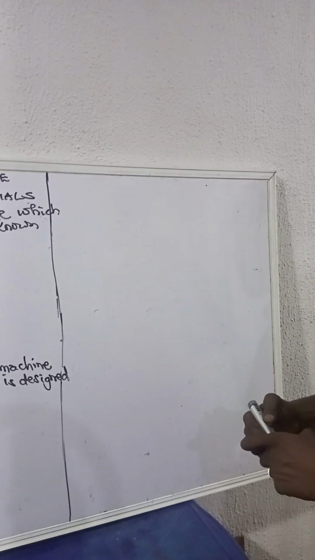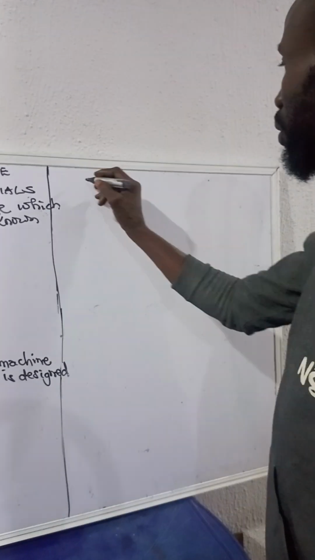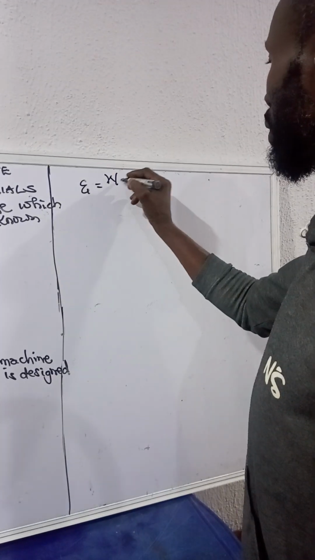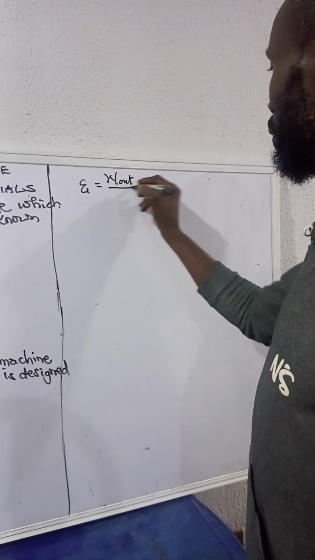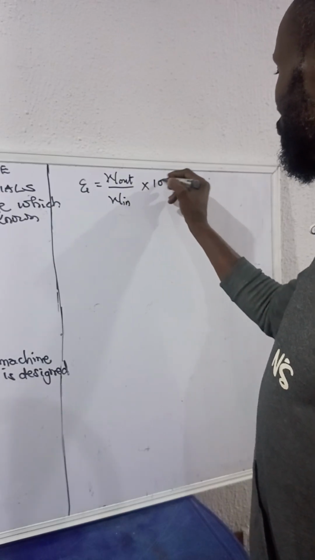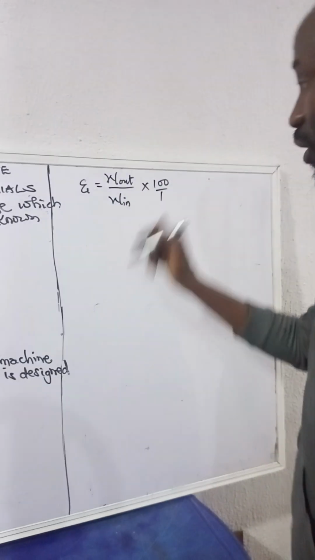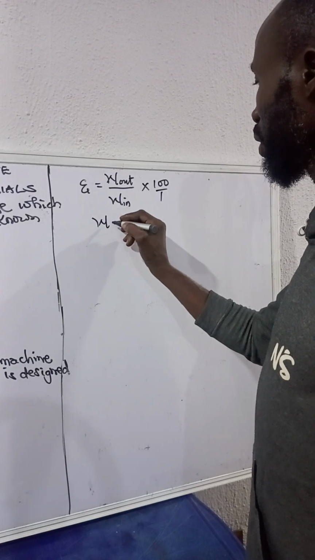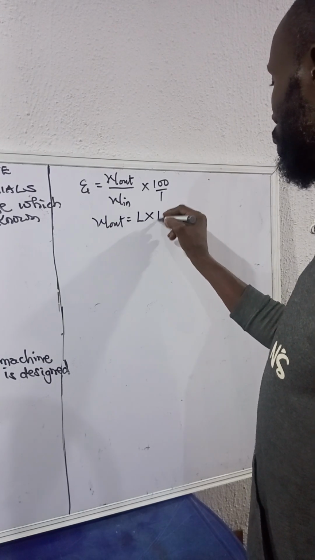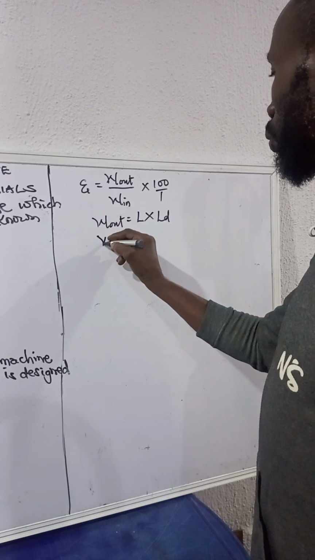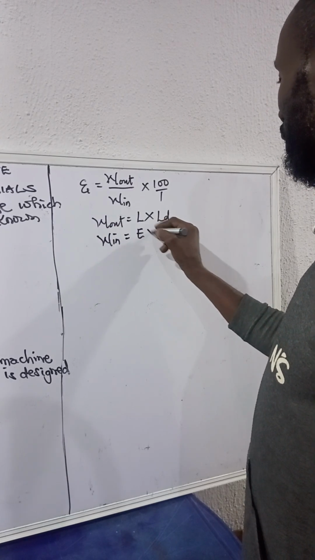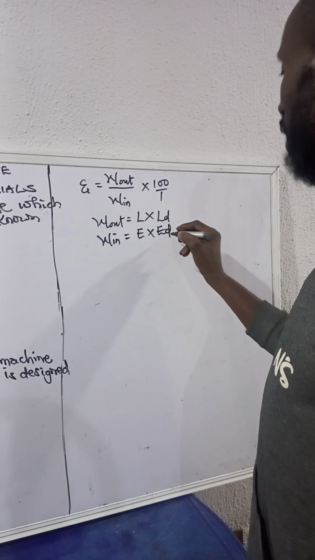Now efficiency is given as work out over work in times 100 over 1. You know, in is input. Then work out is equal to load times load distance. Then work in is equal to effort times effort distance.